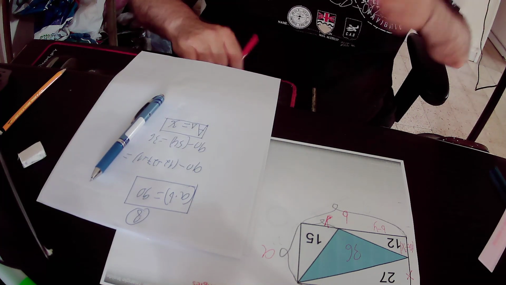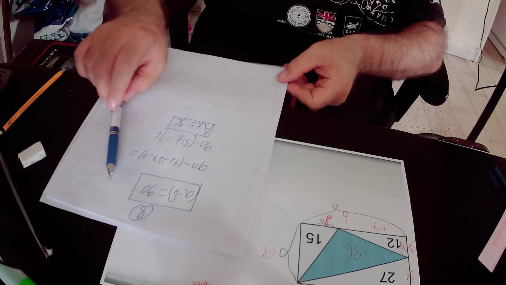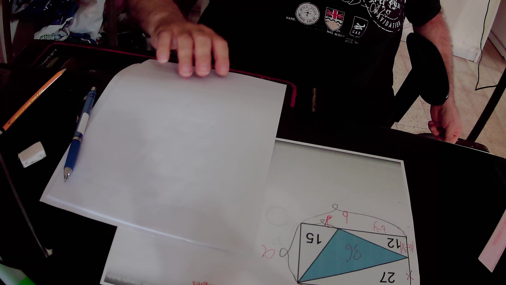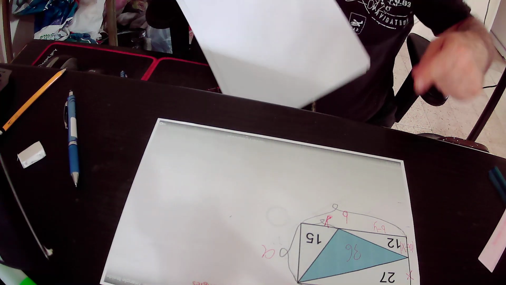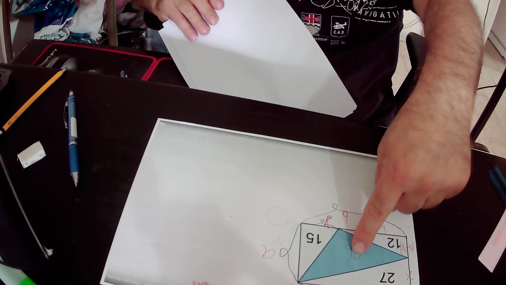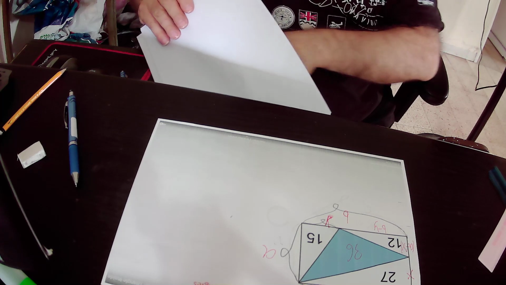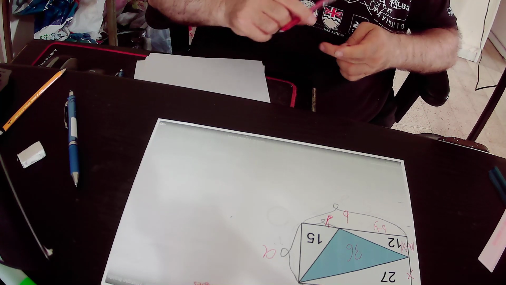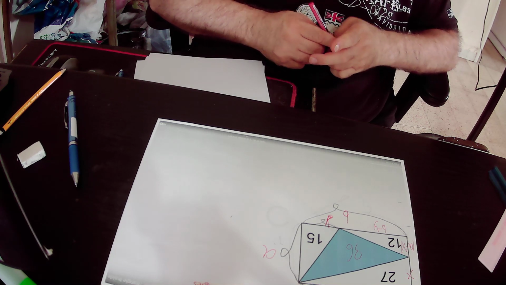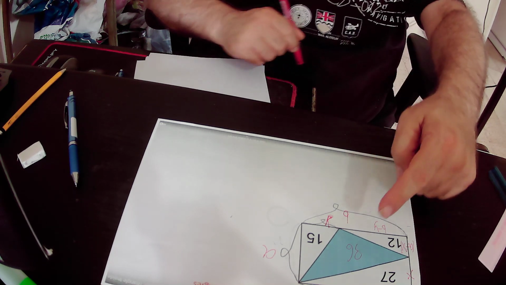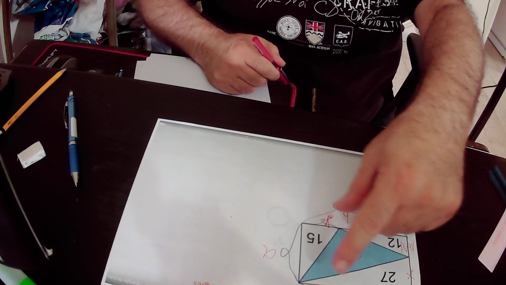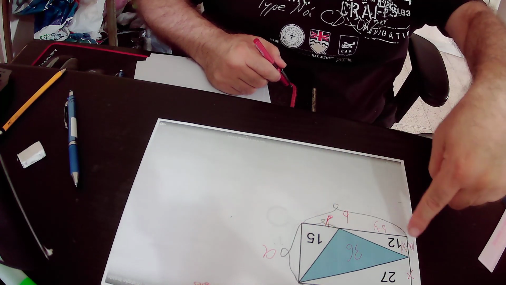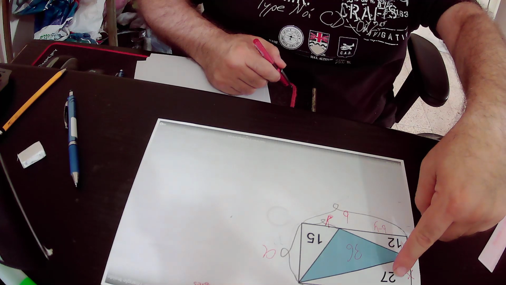Okay, so we can summarize the lecture. We actually wanted to find out the area of this blue triangle, and as you can see from the picture, the area of this blue triangle equals the area of the rectangle minus the sum of the areas of the three right triangles.